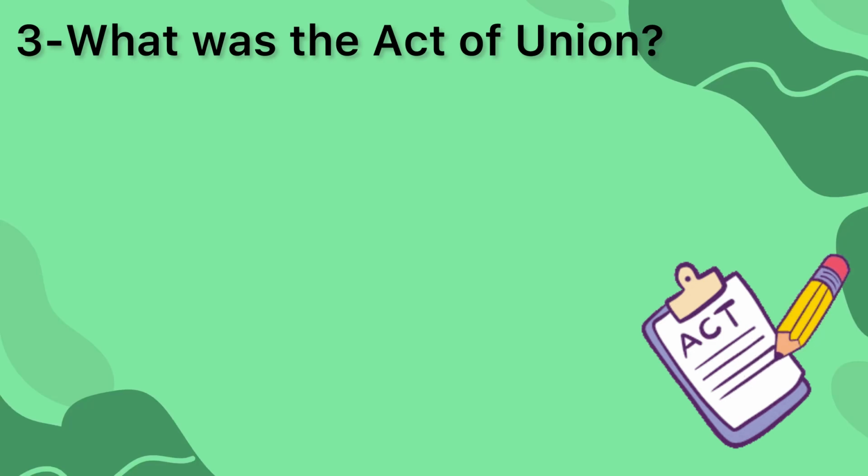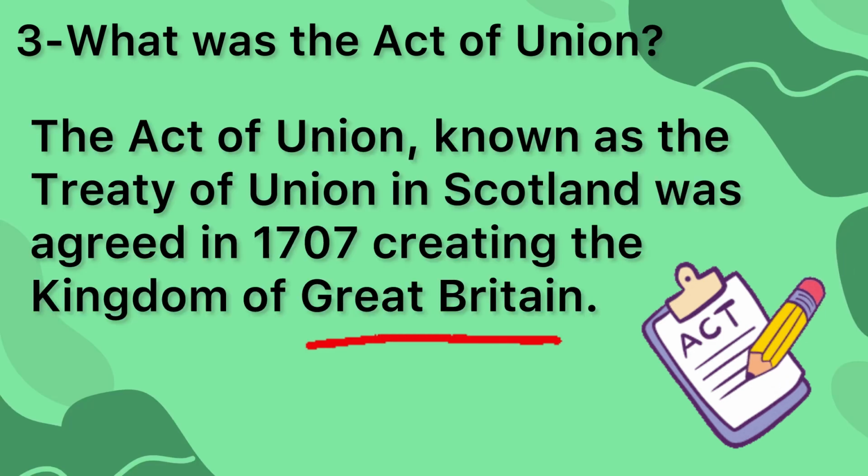What was the Act of Union? The Act of Union, known as the Treaty of Union in Scotland, was agreed in 1707, creating the Kingdom of Great Britain.